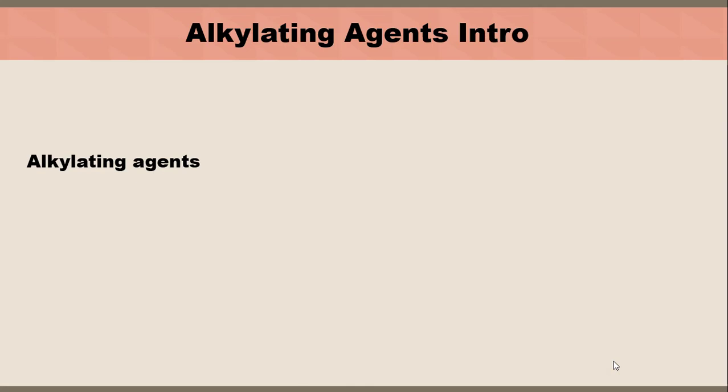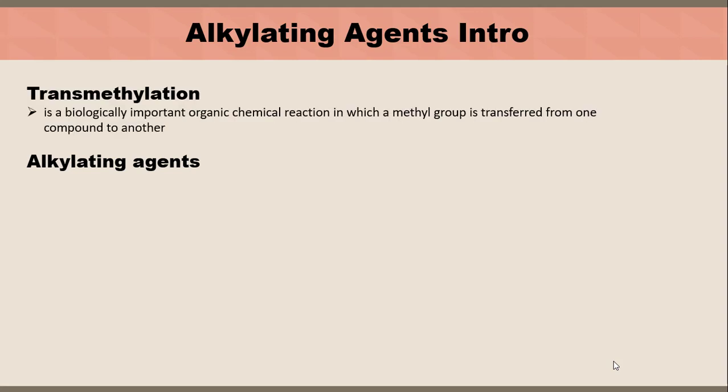In this slide, we will learn more basic information and definitions related to alkylating agents to help us fully understand their mechanism of action. What does transmethylation mean? It is a biologically important organic chemical reaction in which a methyl group is transferred from one compound to another.